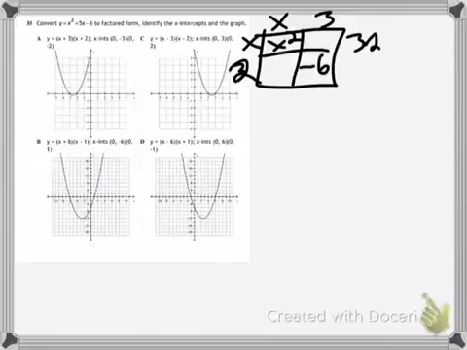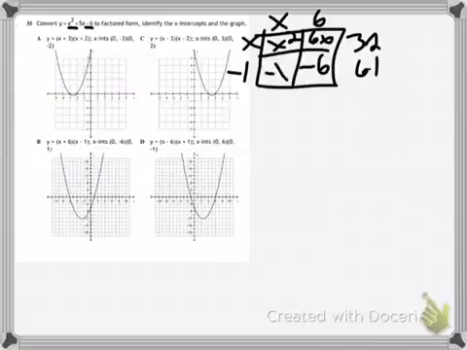Well, hold on. That's 6 and 1. We can subtract to get 5. Alright, we got a positive and we got a negative, so now we're going to have to subtract. So I have 6 and -1. 6x minus x will give me 5 in the middle.